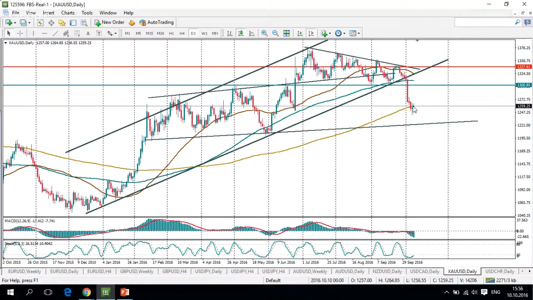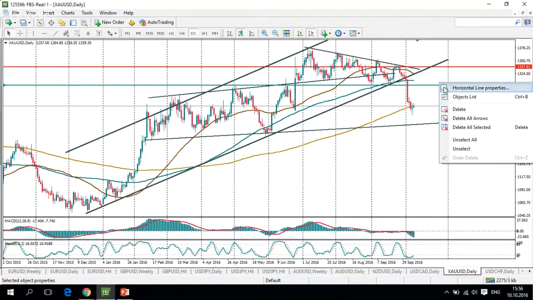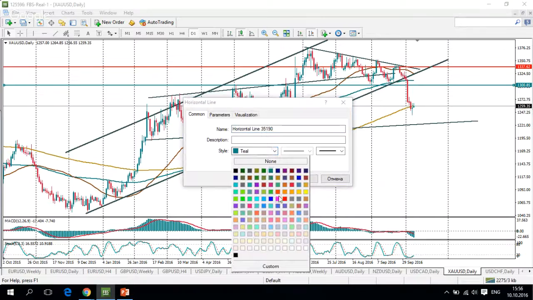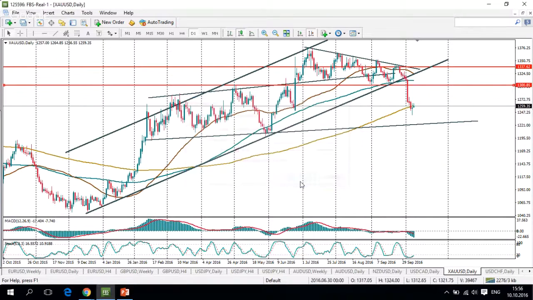For now, gold is limited on the upside by the 200-day moving average around 1,259, and we have to break above this level to recover, to test levels around 1,300. This is the key resistance level for the asset. Here we will find new short positions, I believe.